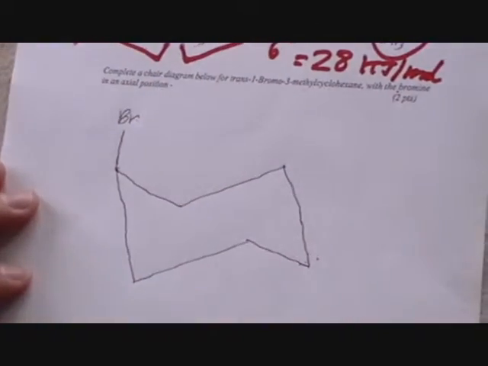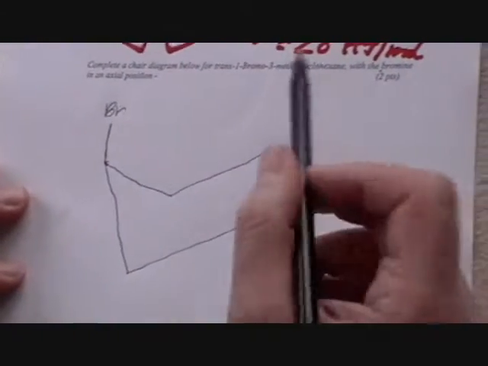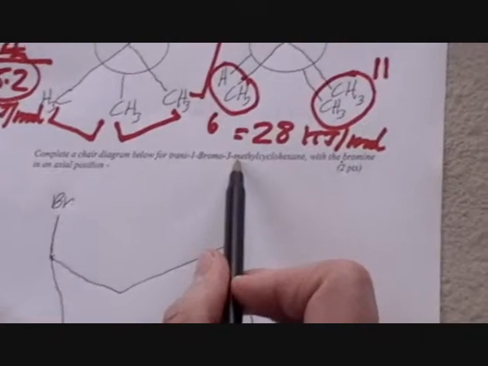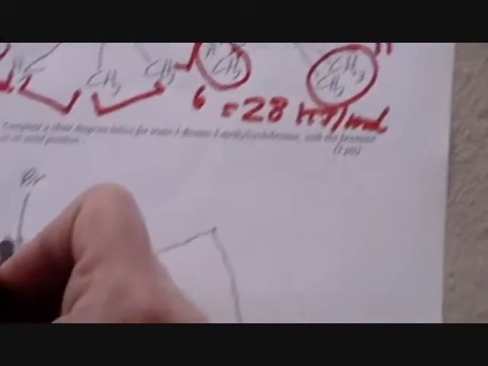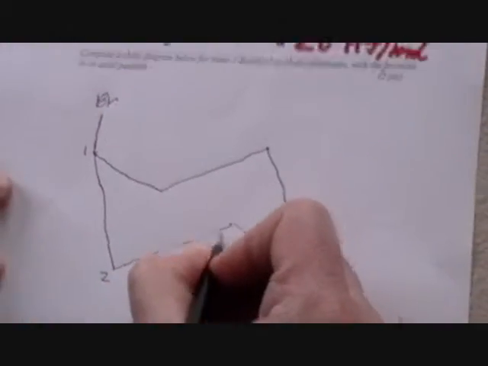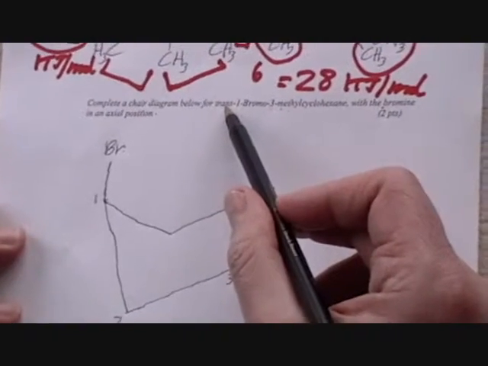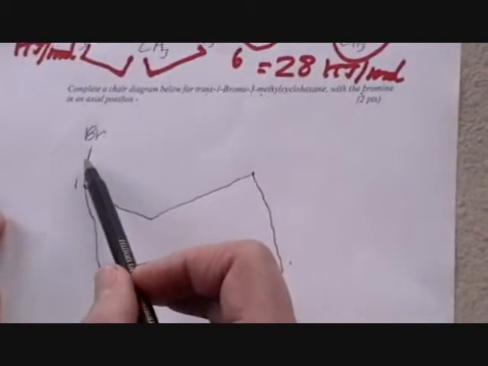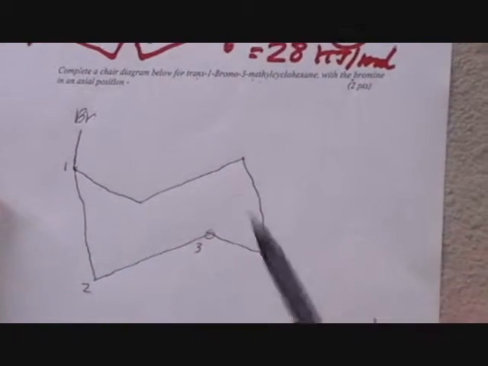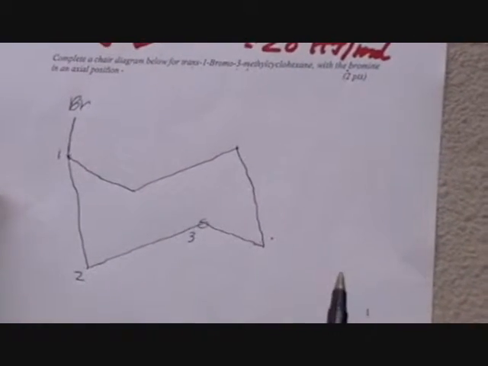That gives us our bromine atom. We also want the methyl group to be on the third carbon, so 1, 2, 3, so this carbon here. And we want this molecule to be trans, so the methyl group has to be on the opposite side of the ring to the bromine.